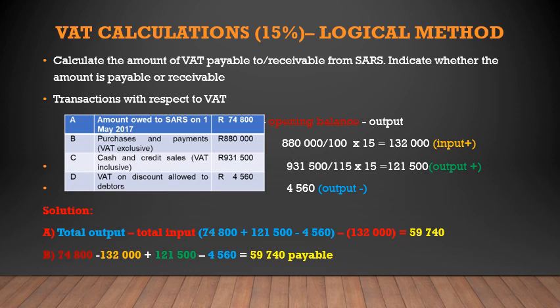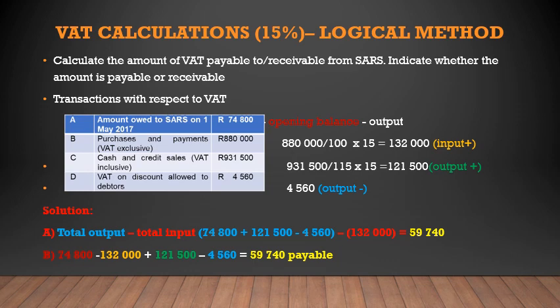Now, there are three methods that we can use to calculate the amount payable or receivable. There are two which I call logical method, and the third one is the VAT control account. I'm going to demonstrate the logical method to calculate VAT payable or receivable. Now there are 4 transactions.